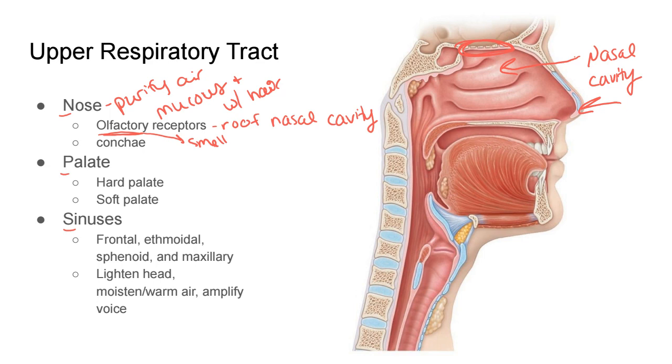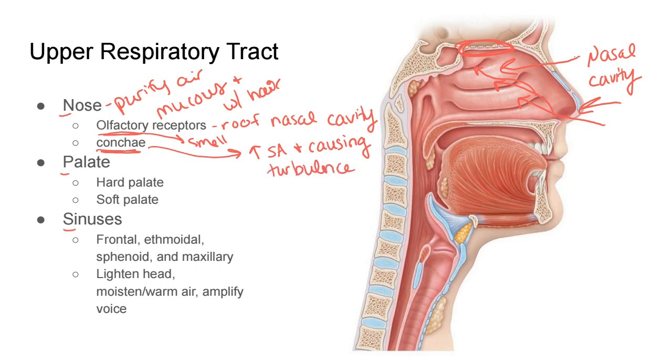Okay, and then we also have these folds. You see them here, here, and here. Those folds are what are called the nasal conchae. I know there's no G in there, but that's how it's pronounced. What those are going to help do is actually increase surface area, and by increasing surface area and causing turbulence, they kind of move the air around.